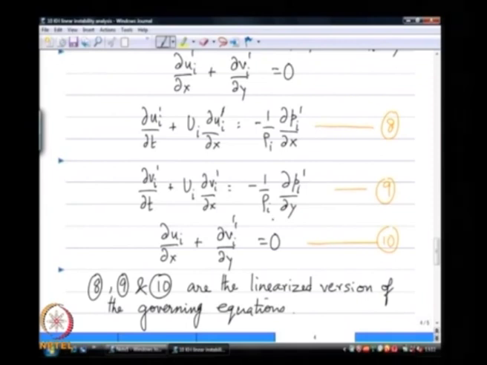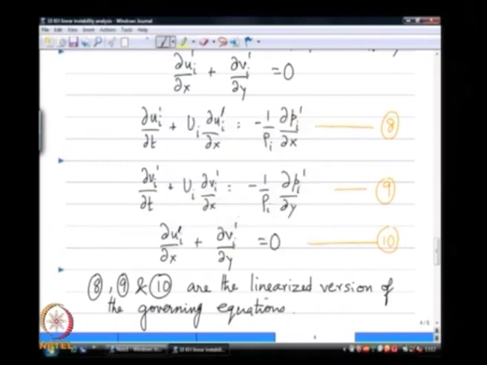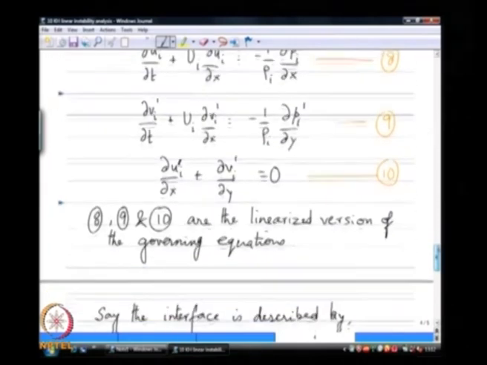So, essentially only the part that is linear in the primed quantity. We now have a set of equations that will tell us what the behavior of the primed quantities is in time and space.